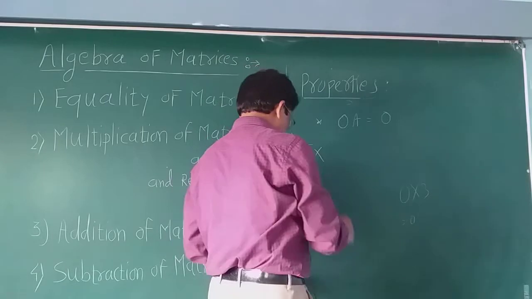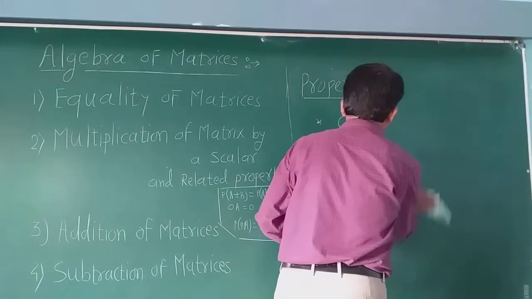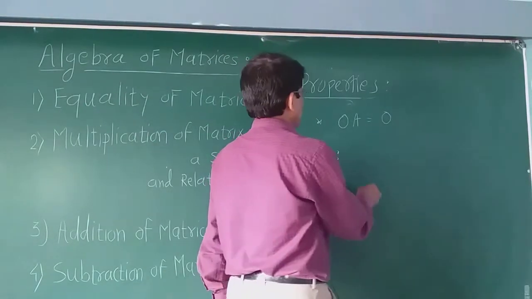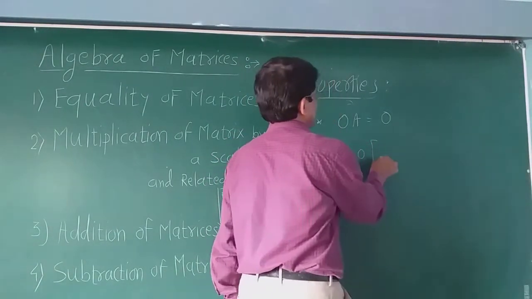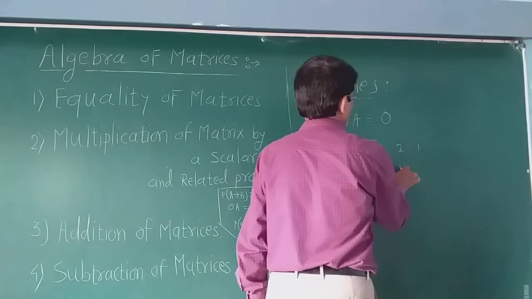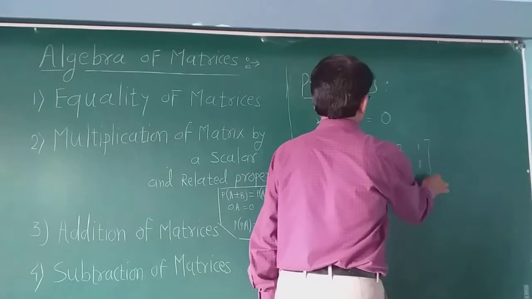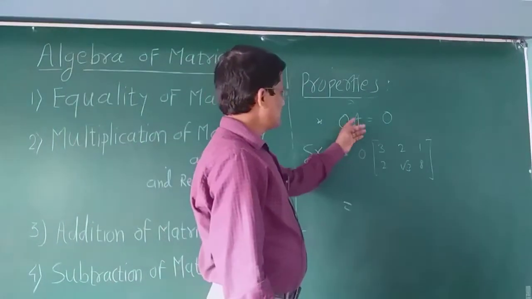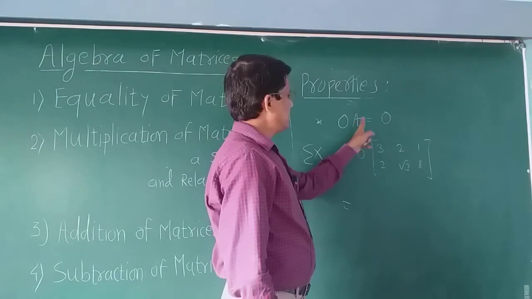For example, suppose a matrix is given like this: 0, 3, 1, 2, root 3, 8. What is our answer? Look here, 0 with A, the answer is 0.